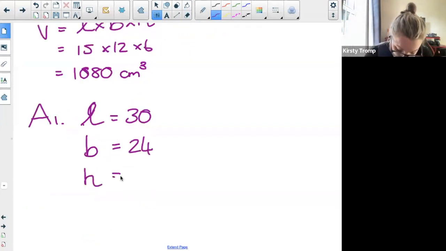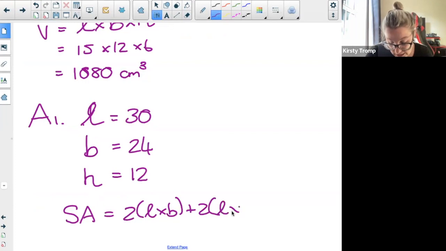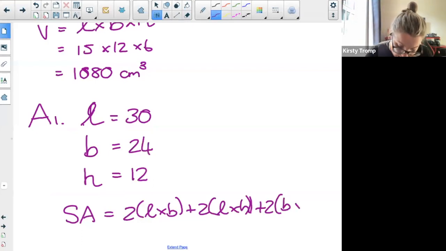And the height was equal to 12. First thing you're going to do for me is calculate the surface area: 2 length times breadth plus 2 length times height plus 2 breadth times height. Go calculate that for me, please.